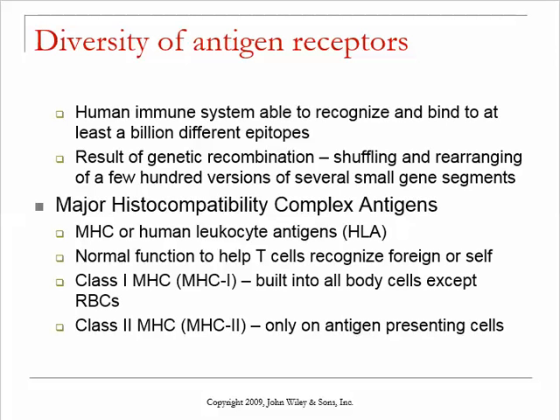Now, every cell in our body, or most cells in our body, have these flags on them, the uniform that they wear. When I was in school, we used to call them HLAs, human leukocyte antigens, but now they're called major histocompatibility complex antigens.